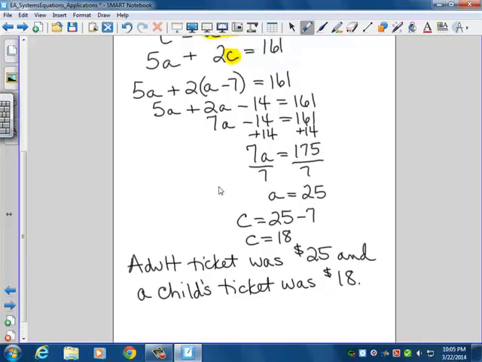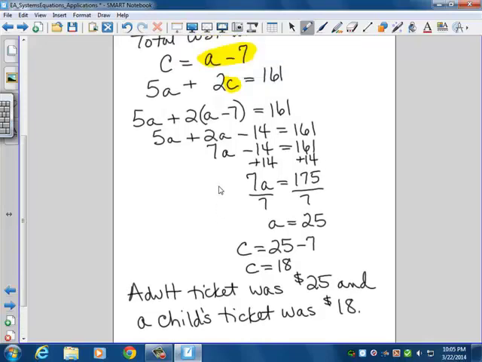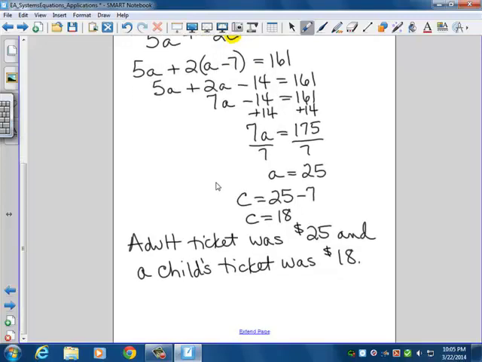If I take 25 minus 7, that's definitely equal to 18. So I'm good there. And then I also have to apply it to the other equation, so here's my check. 5 times 25 plus 2 times 18, is that equal to 161?